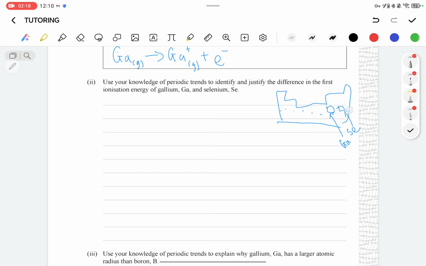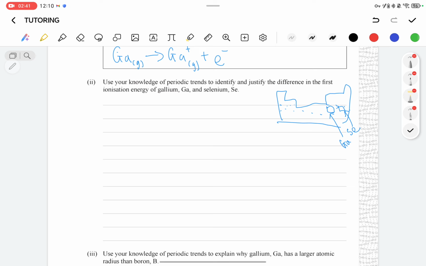Ga has a 4p1 shell, whereas Se has 4p4. Therefore, it is easier for Ga to lose one electron than selenium, because it only has one lonely electron in its outer energy level.